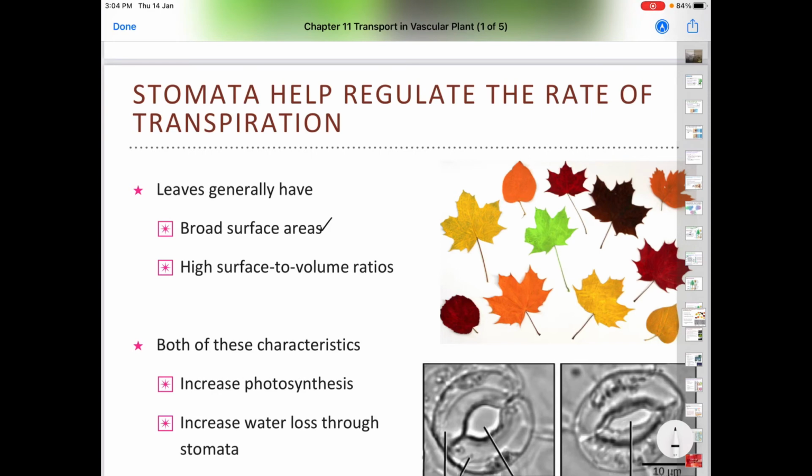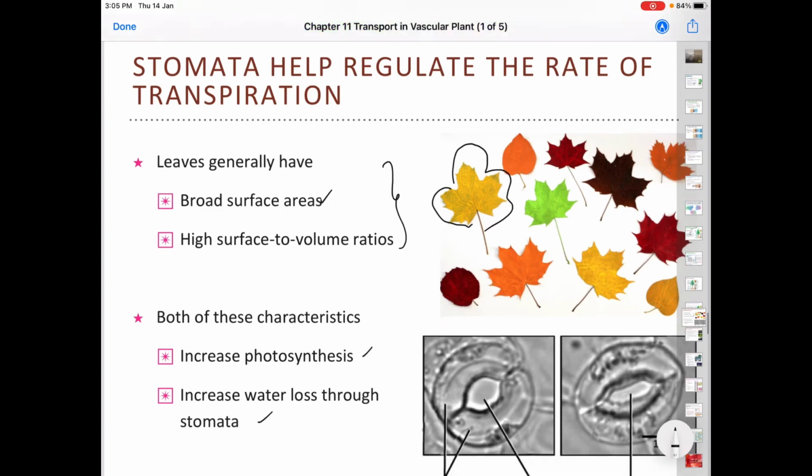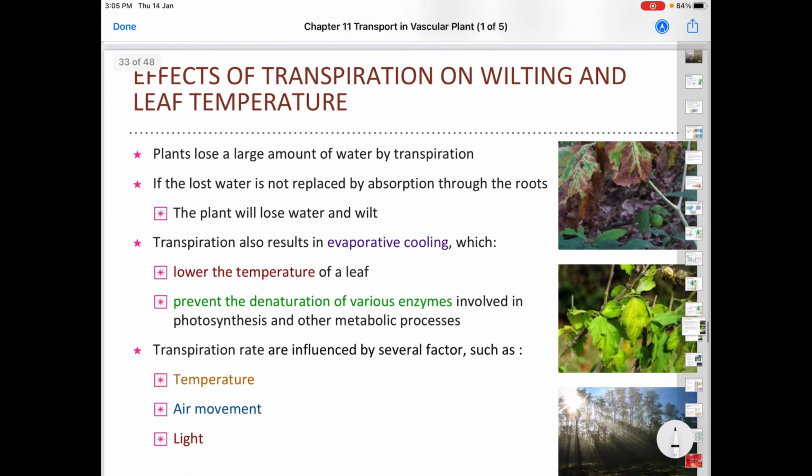Okay, generally the leaf has a broad surface and a high surface to volume ratio. This will help in the transpiration process. Both of these will increase the process of photosynthesis and also increase the water loss through the stomata.